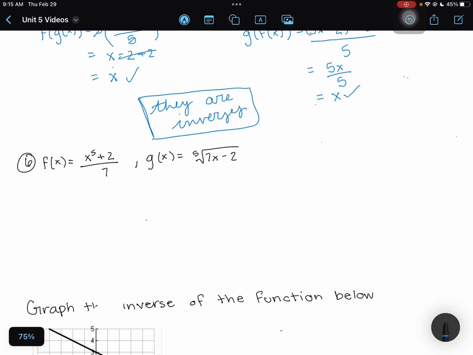So again, on this next one, I'm going to do f of g of x. I'm going to plug in, see how it goes. So everywhere that there's an x inside my f function, I'm going to leave a parentheses, and then I'm going to put my g function inside of it.